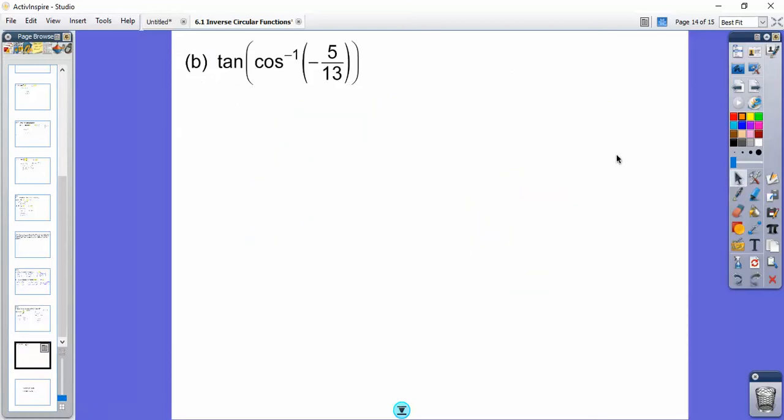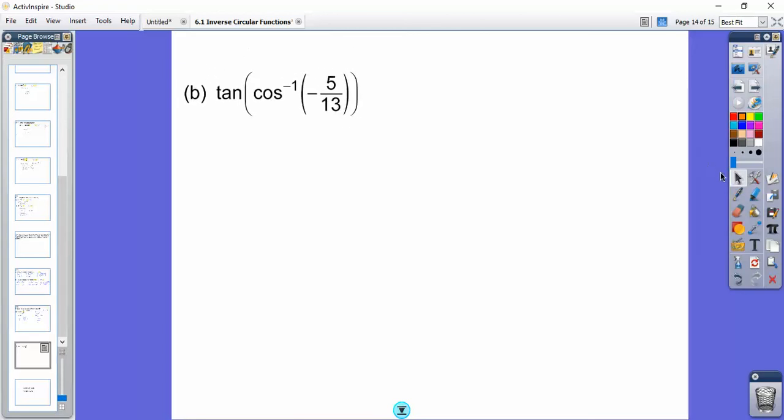Do another one like that. I want tangent of cosine inverse negative 5 over 13. So the answer to an inverse is just an angle. All I'm asking is for tangent of some angle. When I see cosine inverse, that means it could be quadrants 1 or 2.